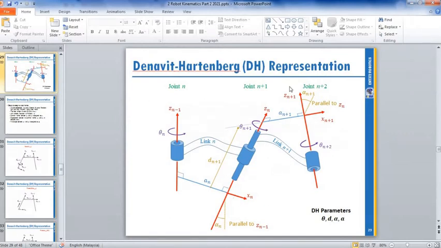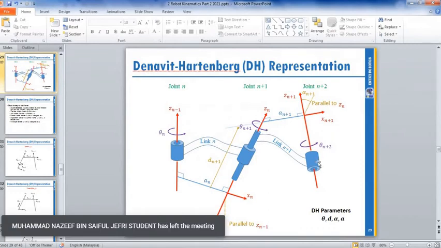Okay, if you open the book or the internet, when you look up the DH method, they always show this figure. So what does this figure mean? This figure shows the joints of a robot arm or mechanical joints. It doesn't mean only a robot arm; maybe a mechanical part. If you design any mechanical part, you can use the DH method. For example, this is joint 1, this is joint 2, and this is joint 3.